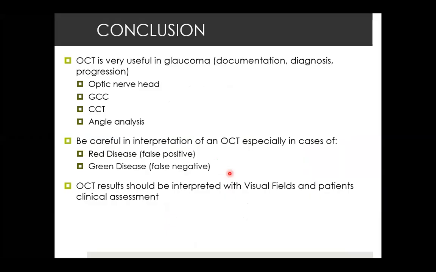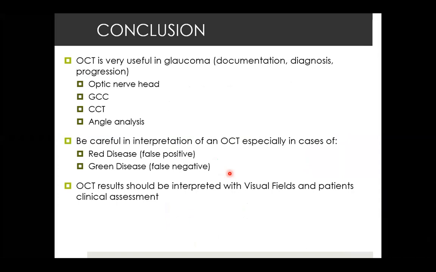So in conclusion, OCT is very useful in glaucoma: documentation, diagnosis, progression, because we can document optic nerve head findings, ganglion cell complex, central corneal thickness, and angle analysis in some of the programs.